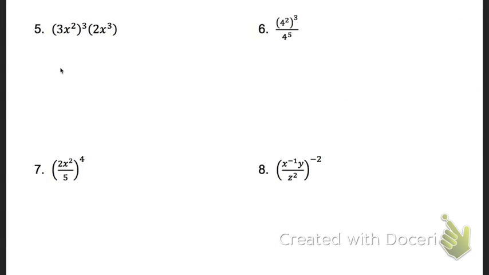So the next one, now knowing what we know, that the 3 and the x squared are separated, this becomes 3 cubed, x to the what? 6th, 2 x cubed.